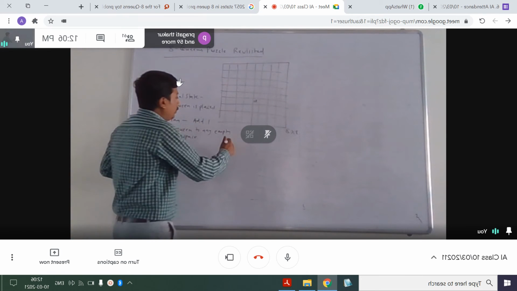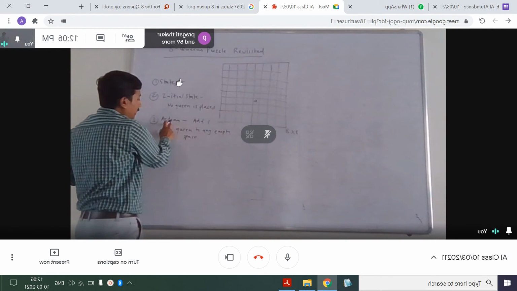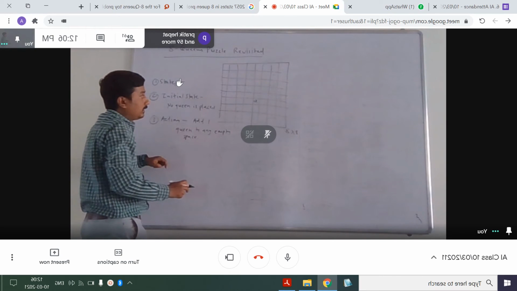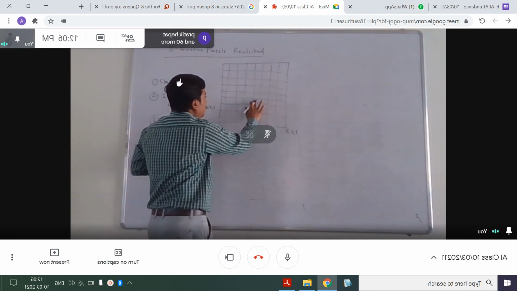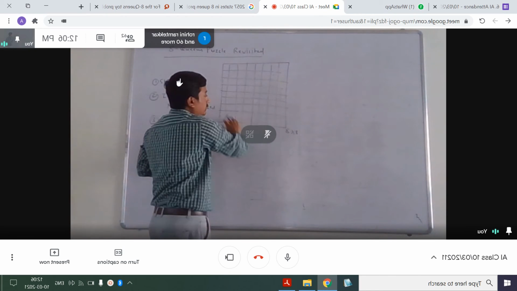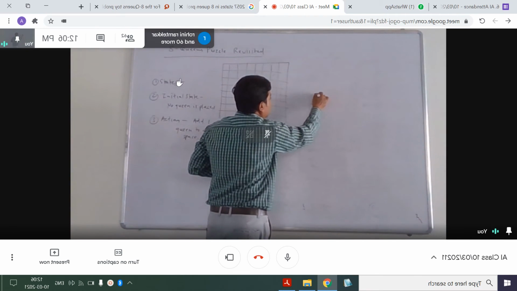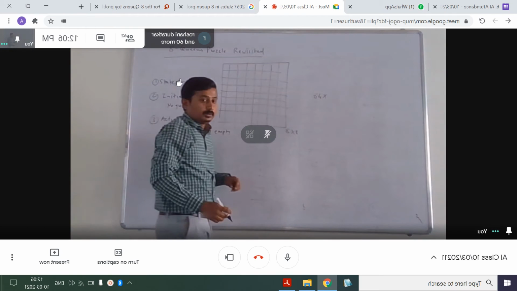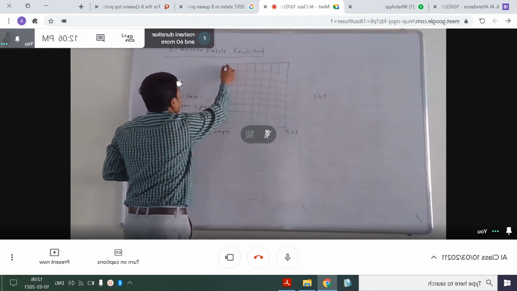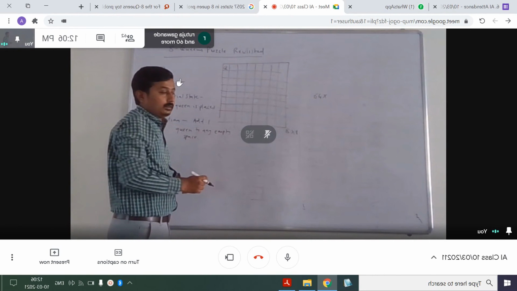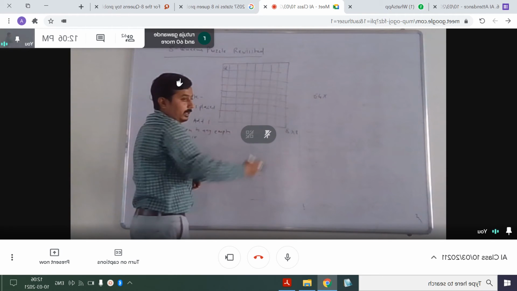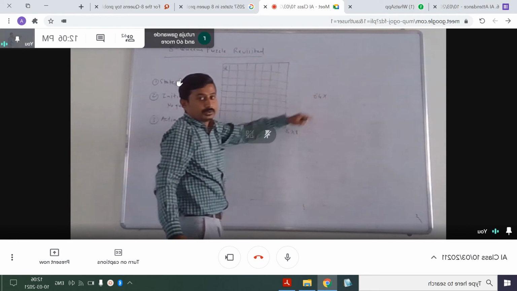So how many states are possible if you consider this action? For first queen, I have total 64 places possible, right? So consider if I place here or I can place here, we have total 64 options.